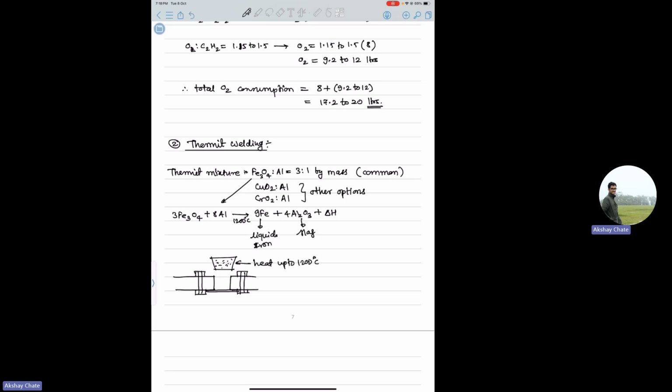You will have thermit mixture inside depending on how much molten iron you want. Then the exothermic reaction starts, so you get even higher temperatures, and this liquid iron will fill here. On top of that you'll have Al2O3 slag. This is how the welding process takes place.